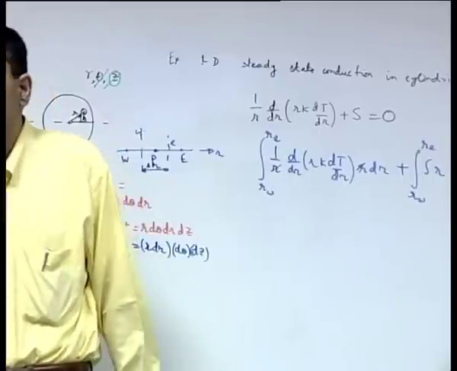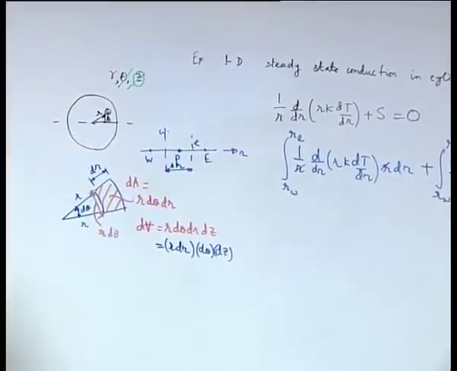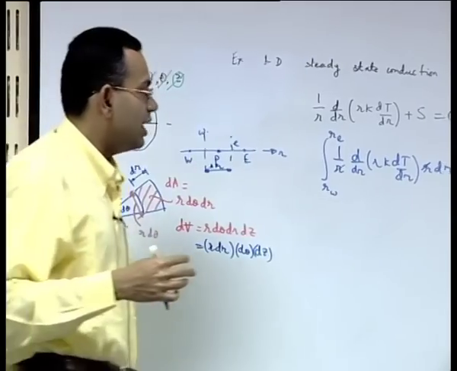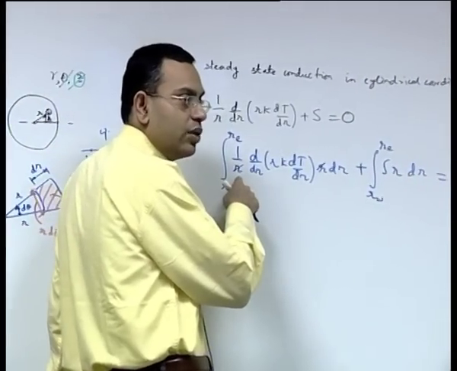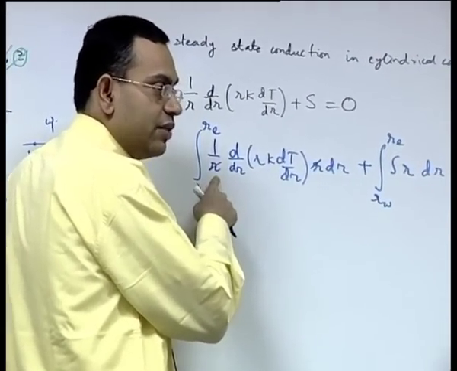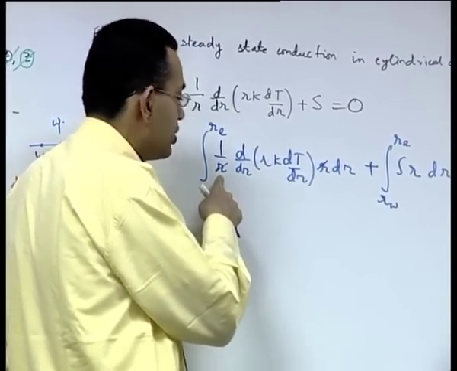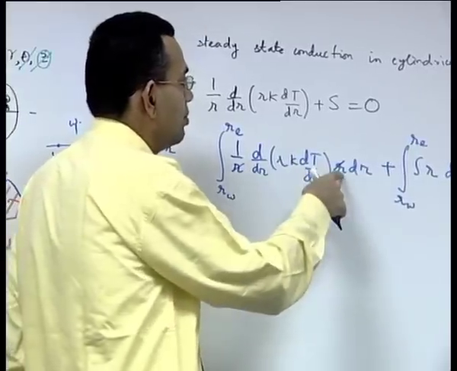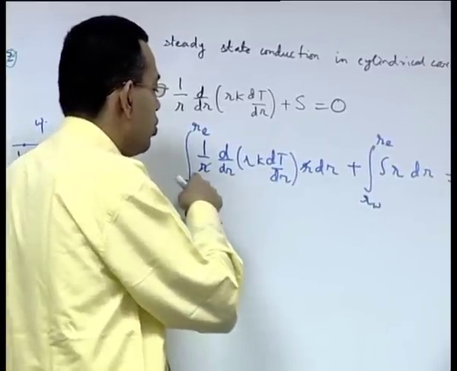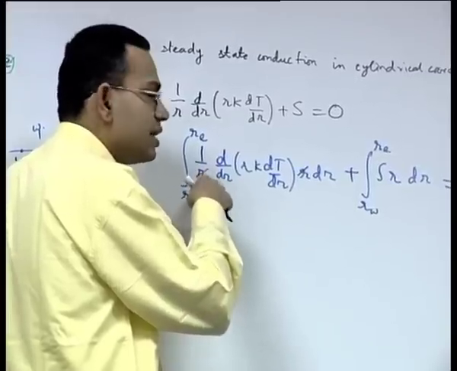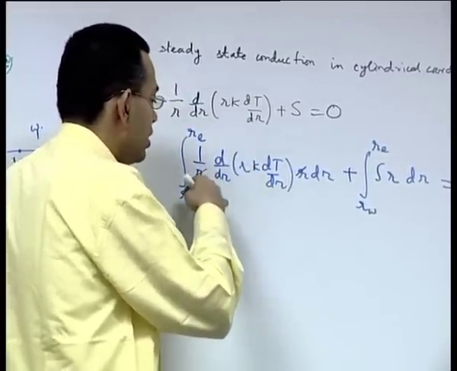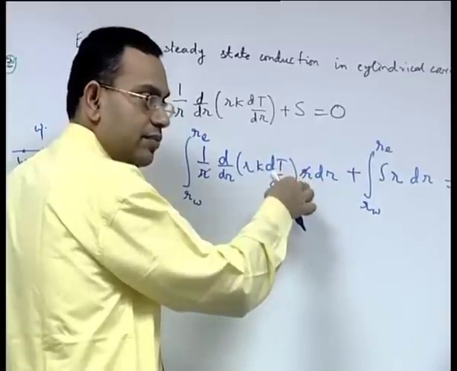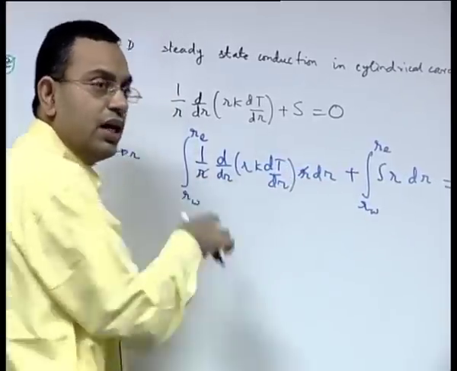You have to treat it in a special way, because at r equal to 0 it is singular. But here you do not have to care about what happens at r equal to 0, as if you are starting with r tends to 0 plus, and in that condition no matter whatever the value of r is beyond 0 plus, you can cancel 1 by r and r, so that the effect of 1 by r does not remain.